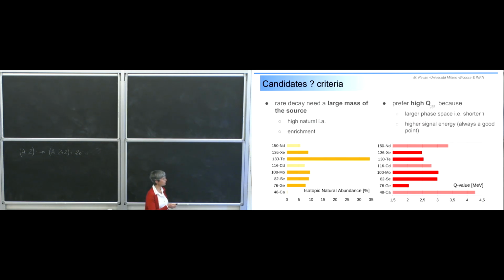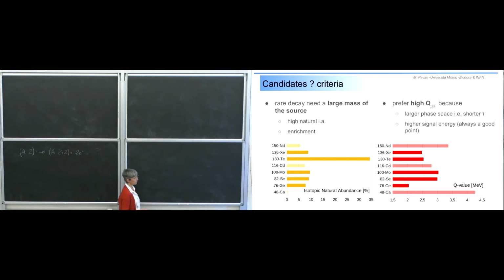So here, two possible criteria to choose your candidate. On one hand, you have the transition energy or Q value. I already told you that if the Q value is high, I expect to have a shorter half-life. That is something I'd like to have.